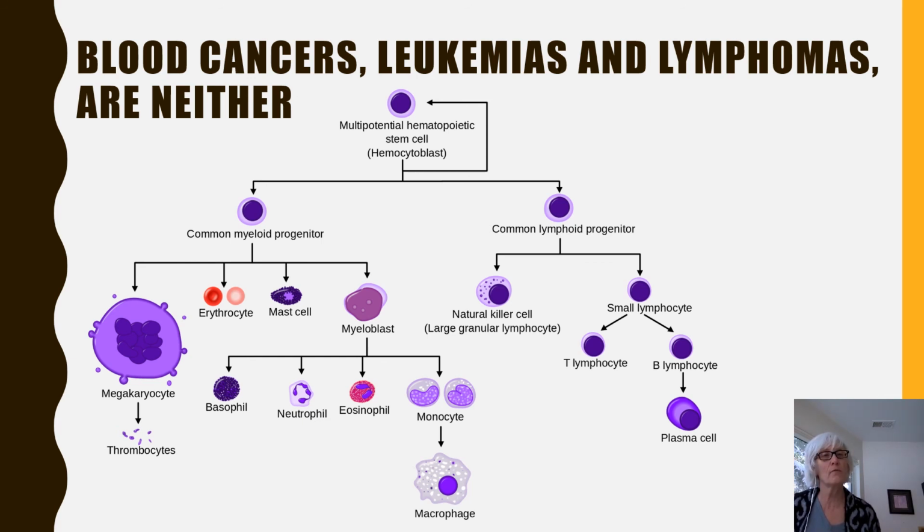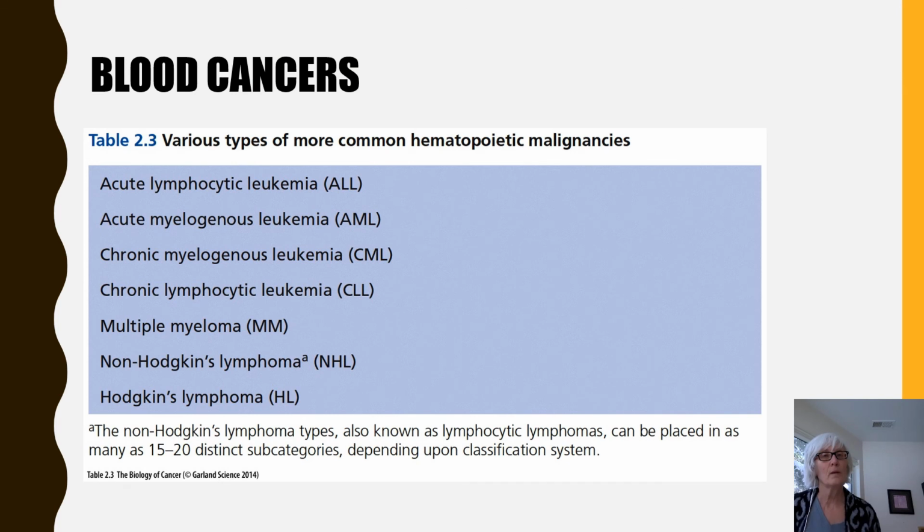You've seen this before when we were talking both about stem cells and about the immune system. Here are some very common blood cancers. A word that we use to describe blood cancers is hematopoietic. So these are hematopoietic cancers or hematopoietic malignancies, so blood cancers.